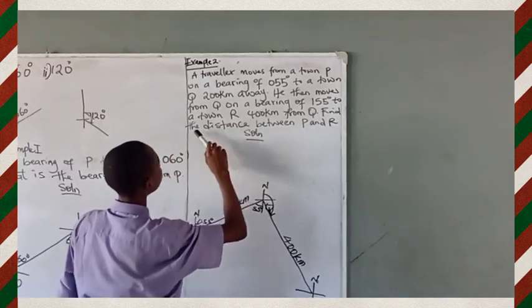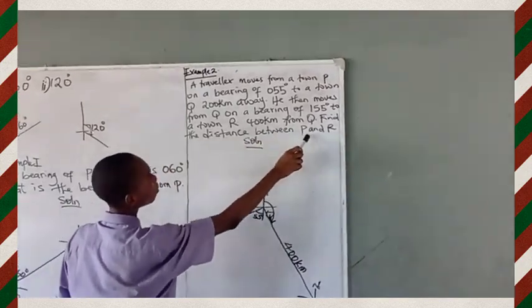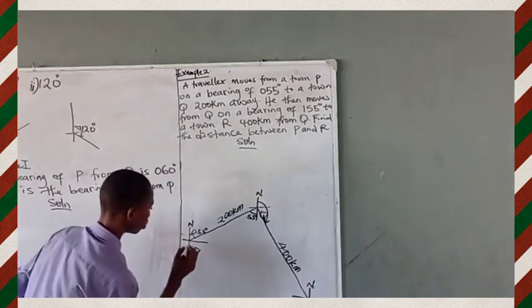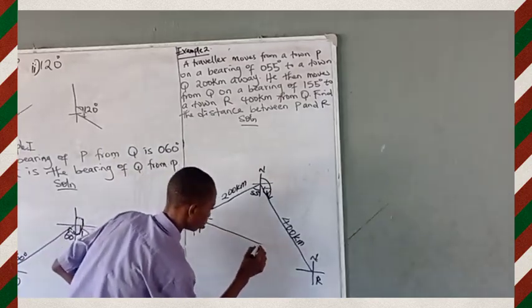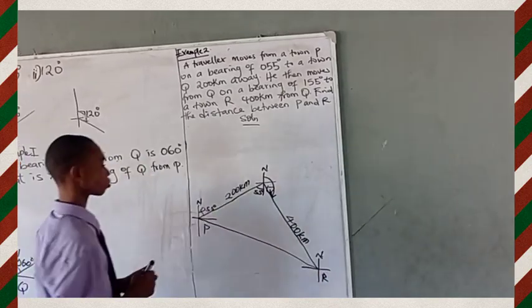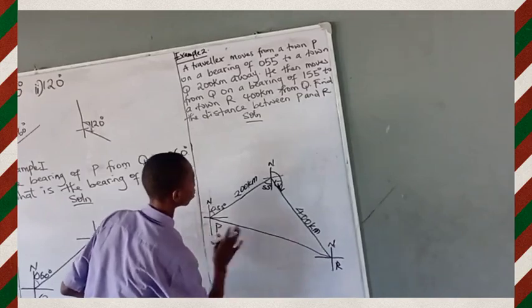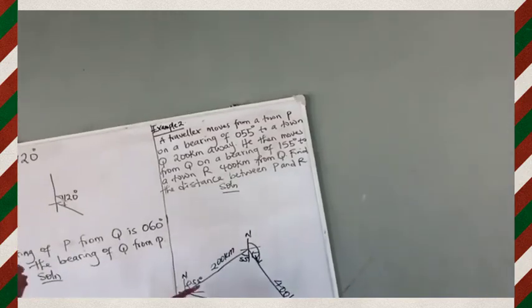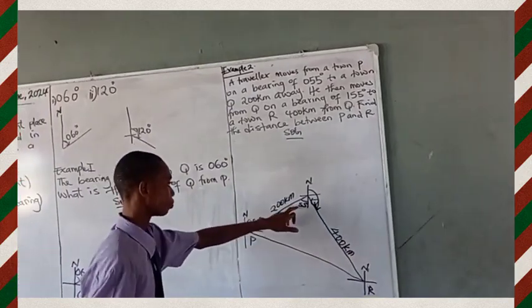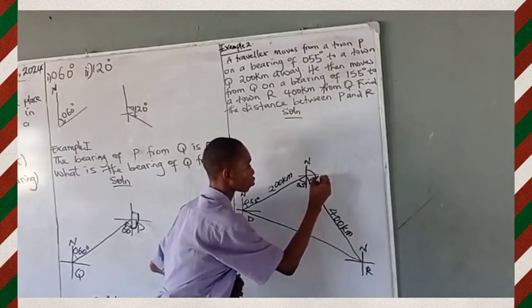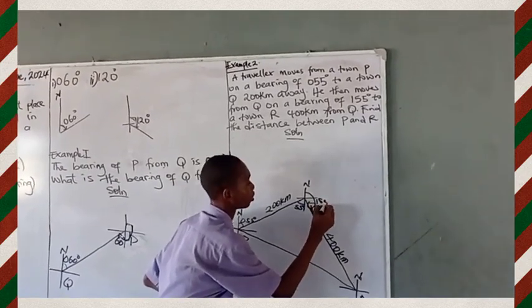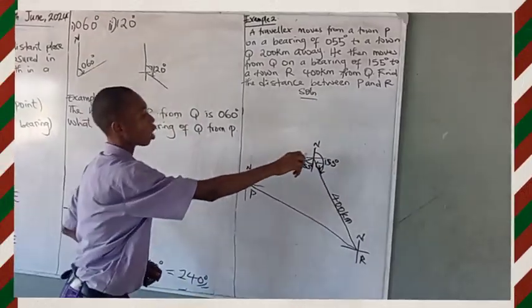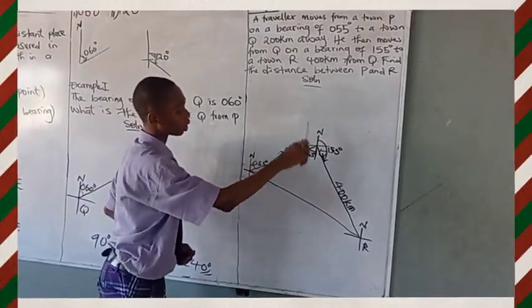Now find the distance between P and R. So this is our P and this is our R. So we draw the line to this point. So this line is called PR. Now we have gotten our angle here, and this angle here is 155 degrees. Due to the laws in geometry, angles on a straight line is 180 degrees.